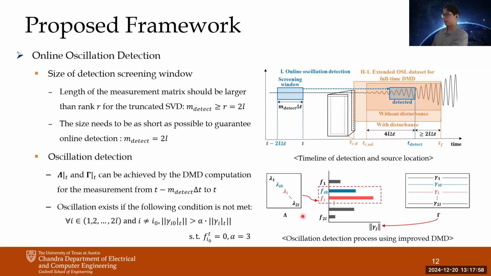And by connecting this lambda matrix and gamma matrix, we can see which frequency is mostly dominant in the current measurement. So if one specific frequency other than the base frequency has an energy larger than 1/3 of the base frequency energy, we conclude that there exists the oscillation in the current measurement.